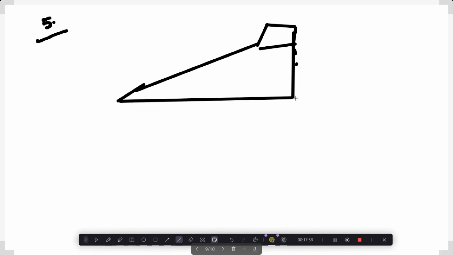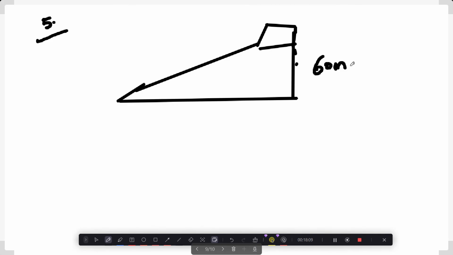Let's move on to another question. A kite is flying at a height of 60 meters above the ground.